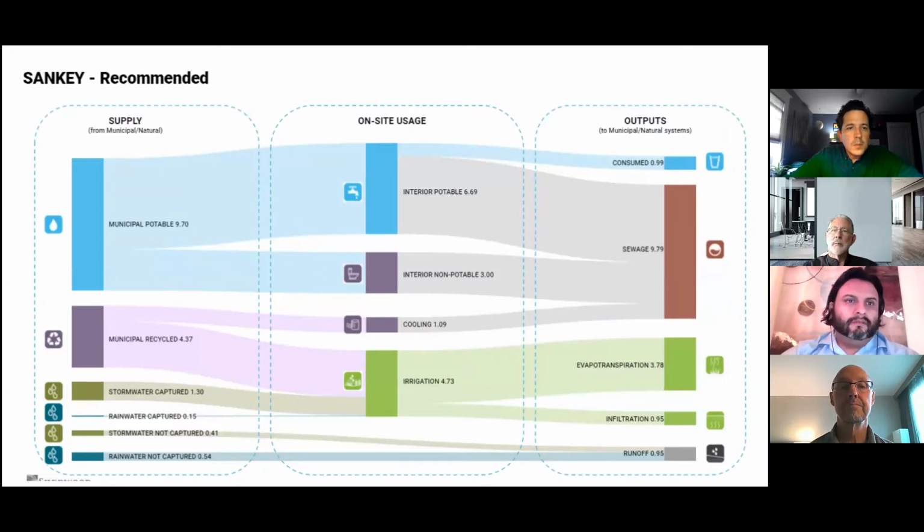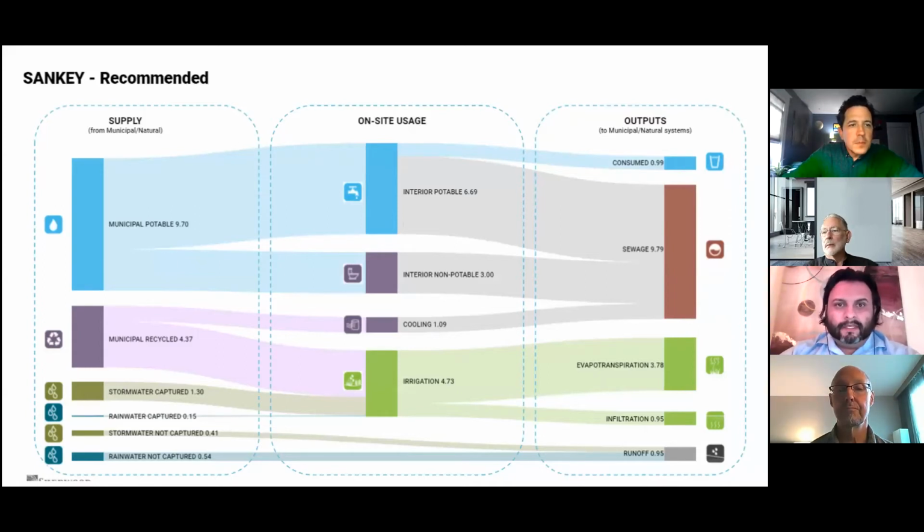And so we look at this Sankey diagram, really beginning to see the pathways of how water will move through the campus, through your project site, and where that water starts in the supply, to how the water is going to be used, and again, how those outputs are going to translate into city connections or ecological benefits.